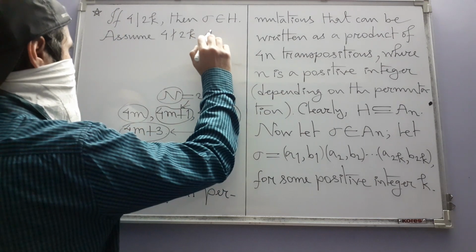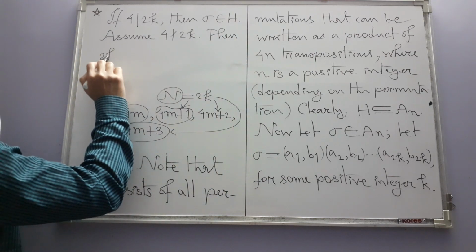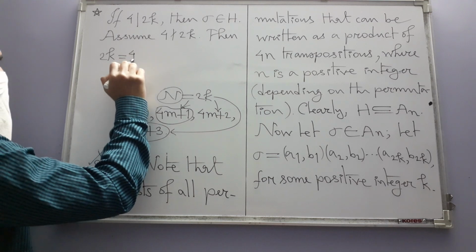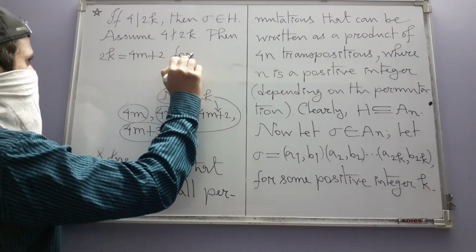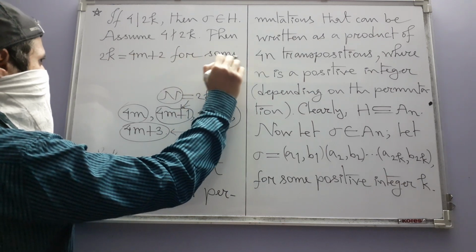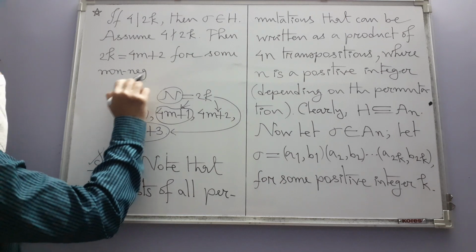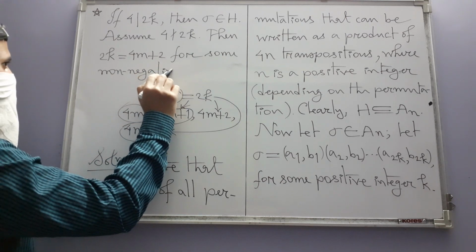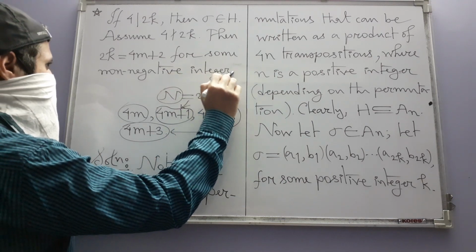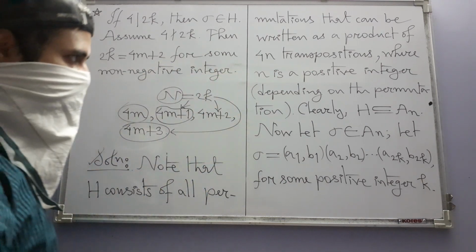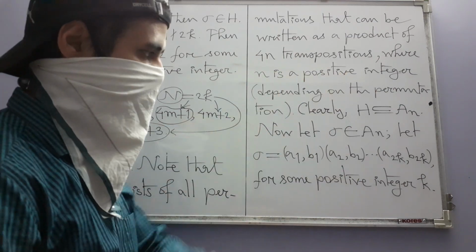So we write then 2k is equal to 4m plus 2 for some non-negative integer. Okay, we were going on saying positive integer.